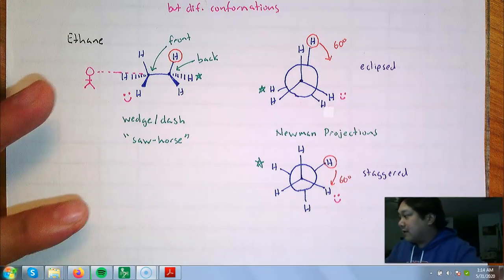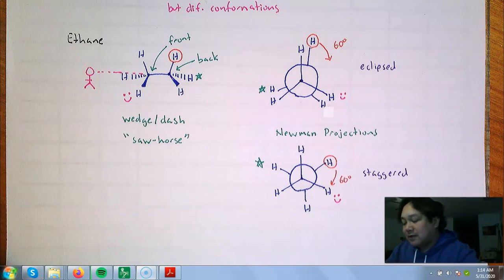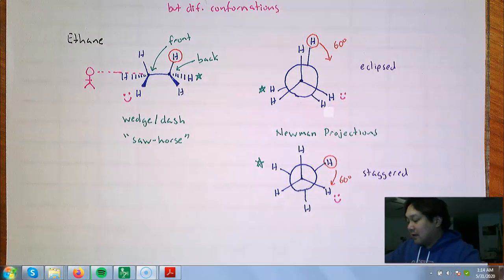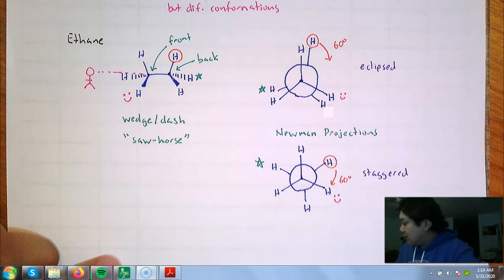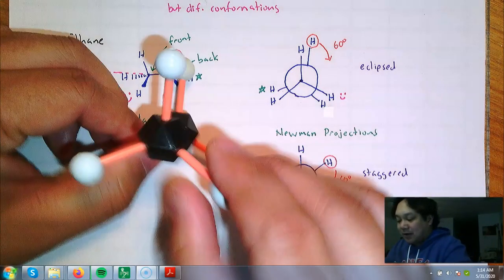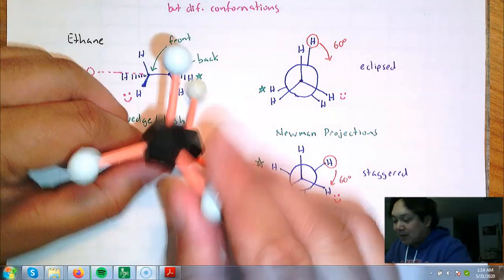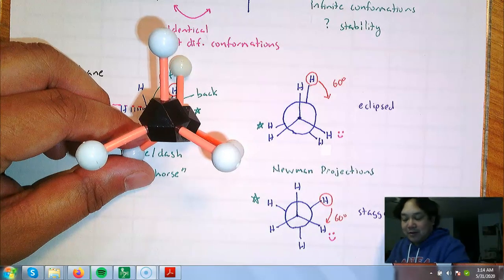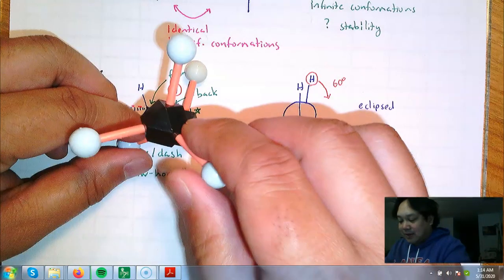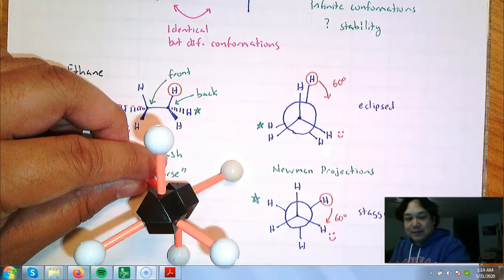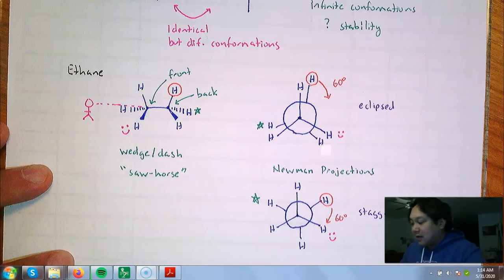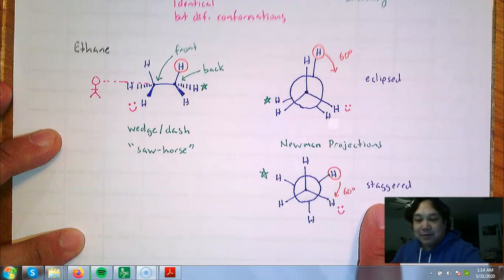Now, before we look at some other molecules, we got to discuss which one is more stable, or do they have the same stability? Well, if you think about it, if I take a look at this molecule, the eclipsed version, versus the staggered, which looks like this, one of them is more stable than the other, and it's the staggered that's more stable.